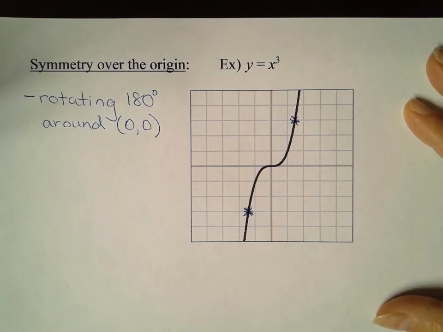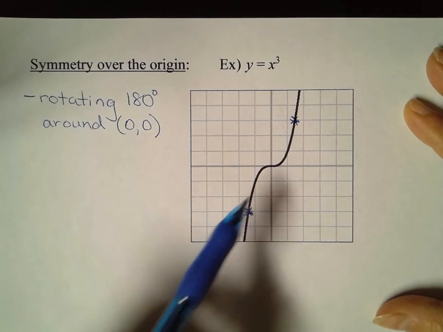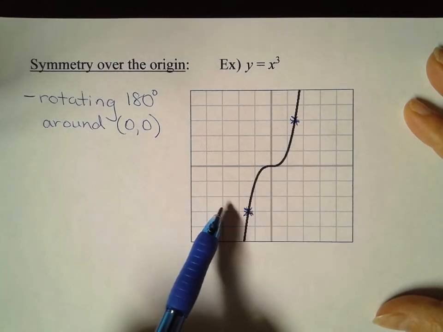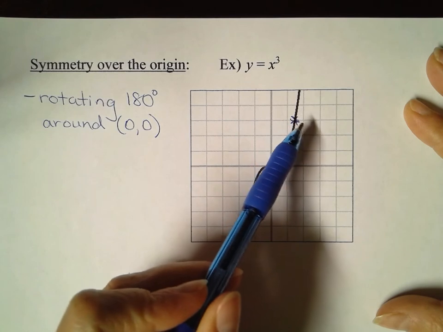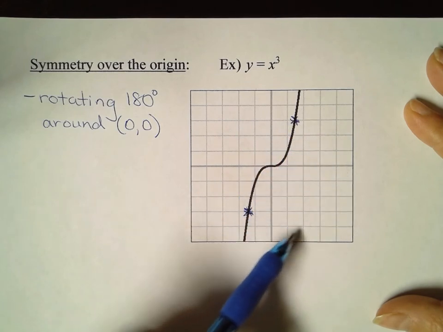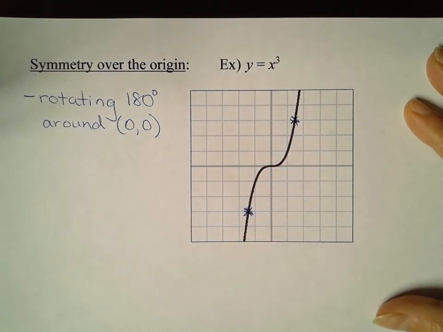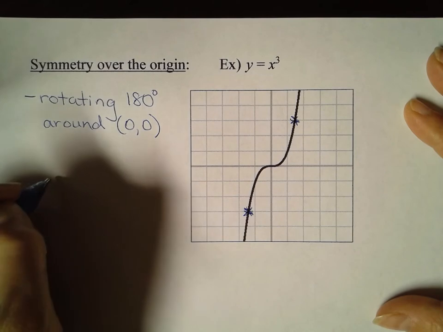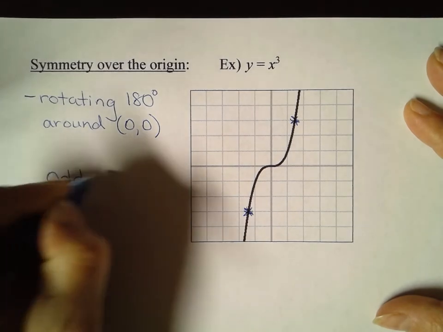And so those would be mirrored, not mirrored sort of almost diagonally, but they would rotate around to be in each other's place as we did that. So this is called symmetry over the origin. A function with this type of relationship is called an odd function.